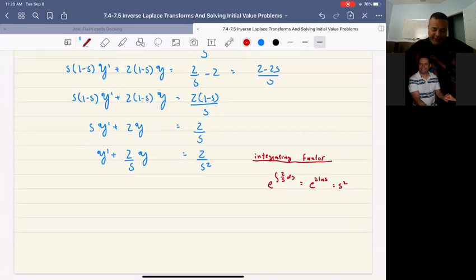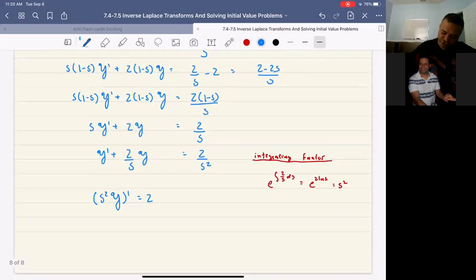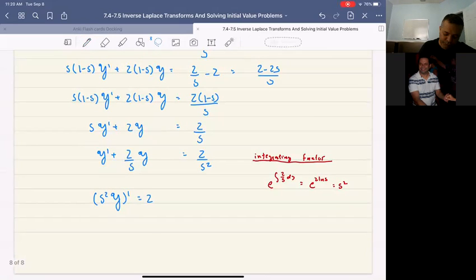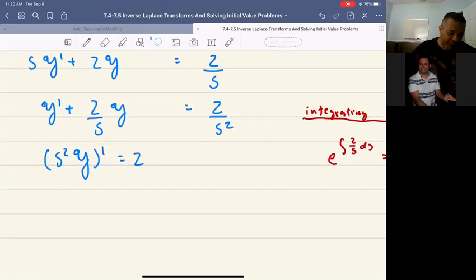So we're going to get s squared y prime equals 2. Give me just a second.